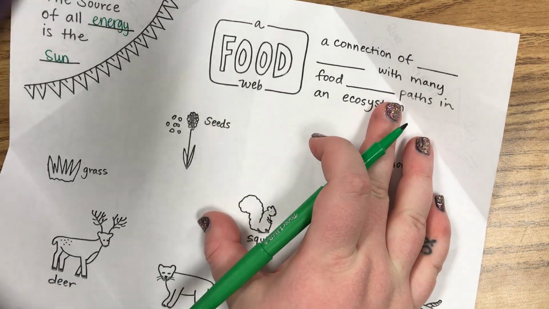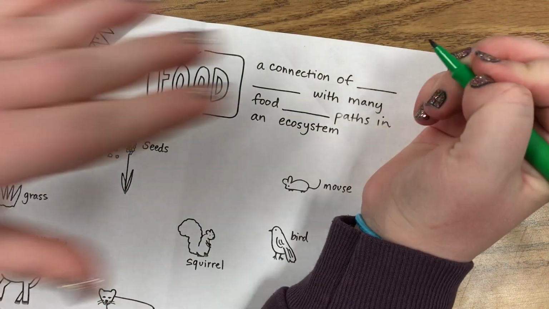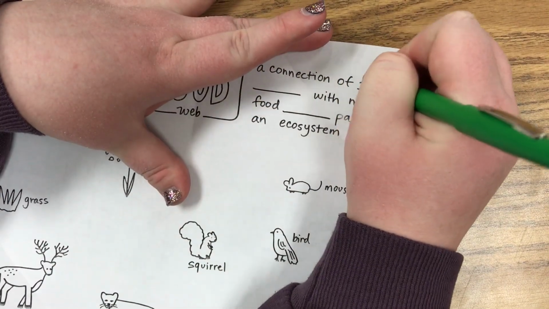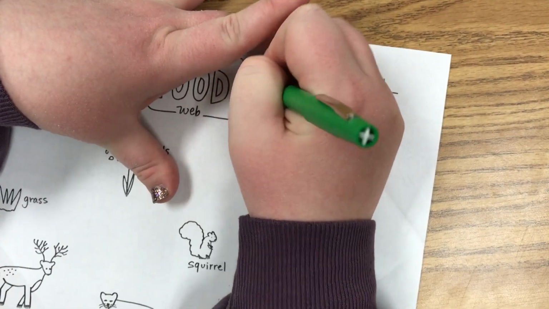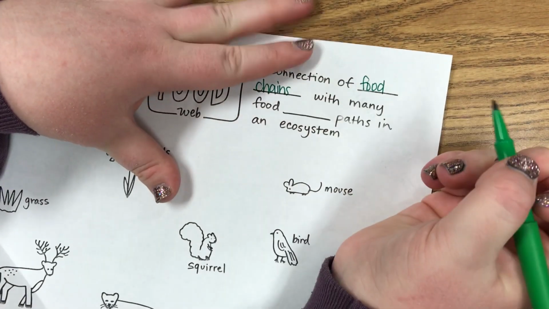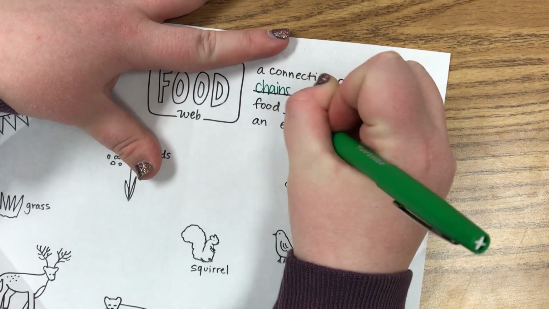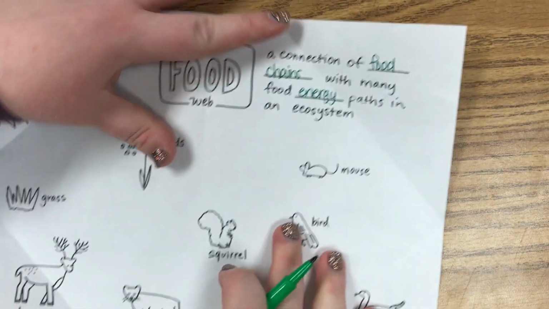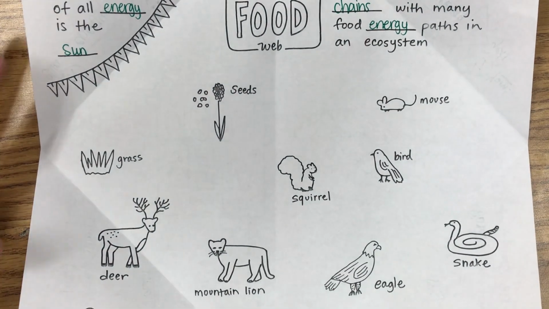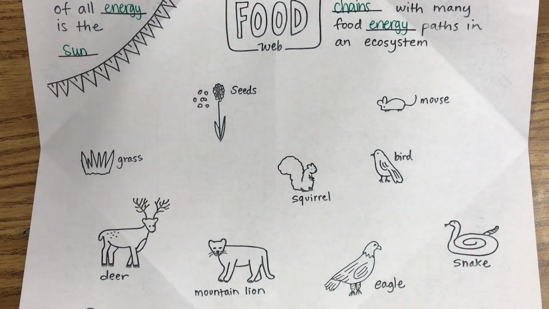And then over here, a connection of food chains with many food energy paths in an ecosystem.